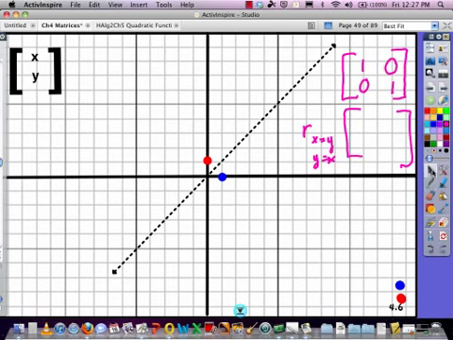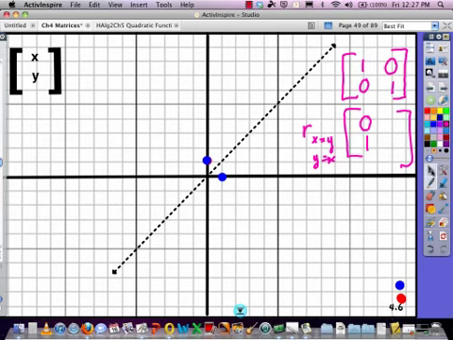Again, taking our 2 original points. If we took the point 1, 0, reflected it over that line, it would end up right there. So the point 1, 0 becomes the point 0, 1.